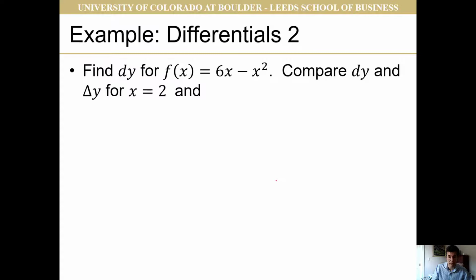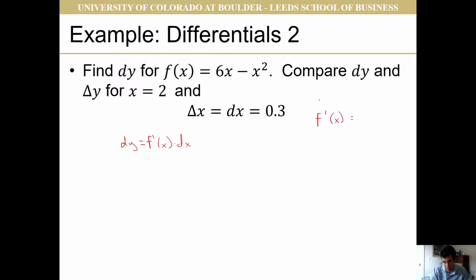Okay, a couple of problems. We want to find dy for f of x equals 6x minus x squared, with x equal to 2 and dx equal to 0.3. Remember, dy equals f prime of x dx. So we need f prime of x.